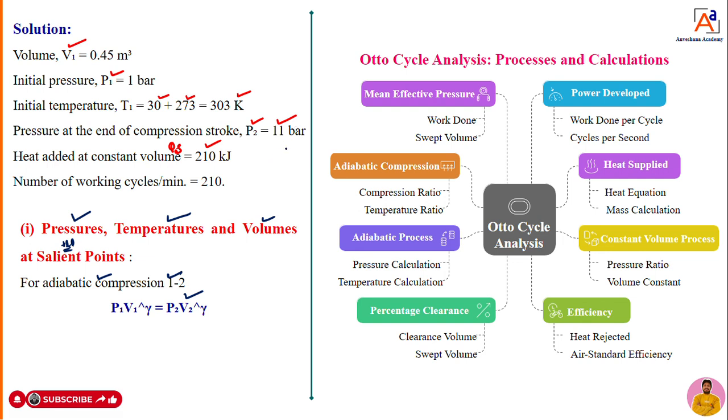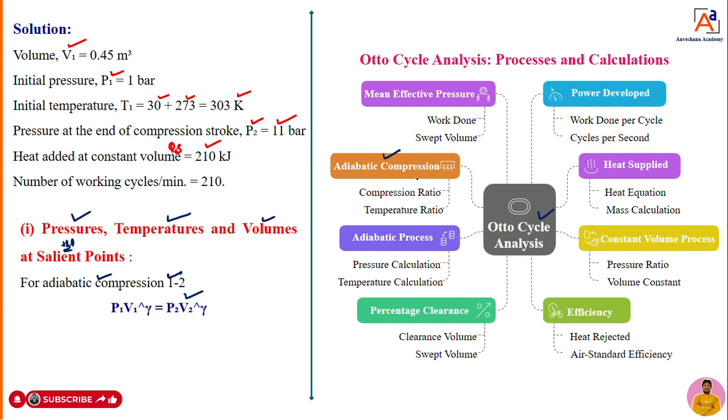Now we'll try to understand the problem in short. The given problem is an Otto cycle. The first process is adiabatic compression.